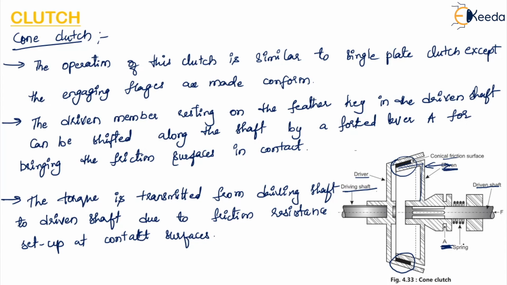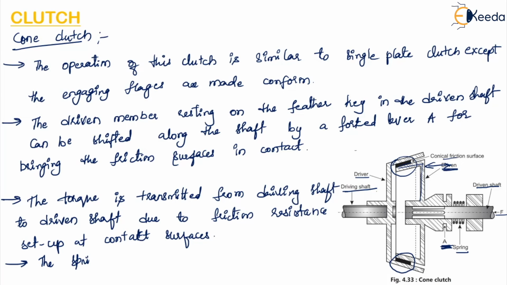The spring which is shown in this figure keeps the clutch faces in contact by providing the required force. So this spring will give the force to keep these two surfaces, the driven member and the driving member, in contact with each other.